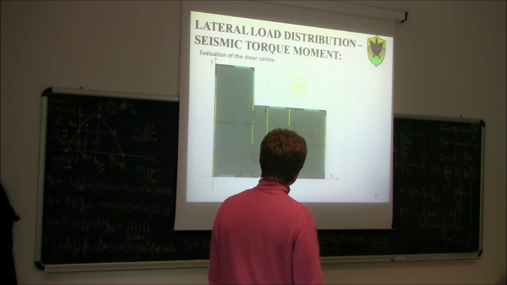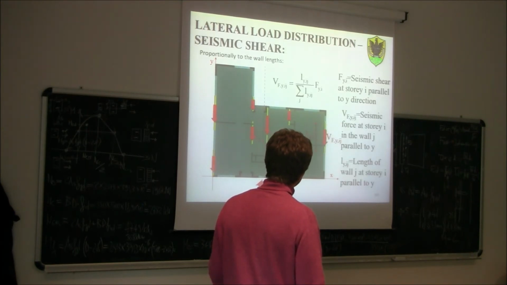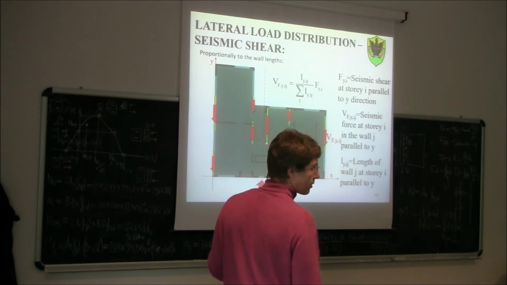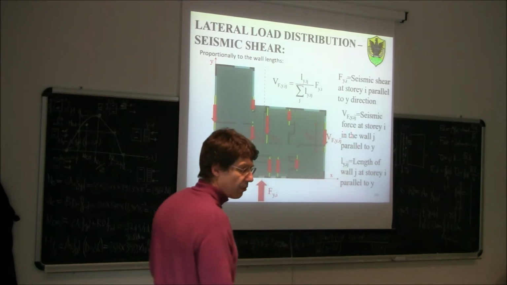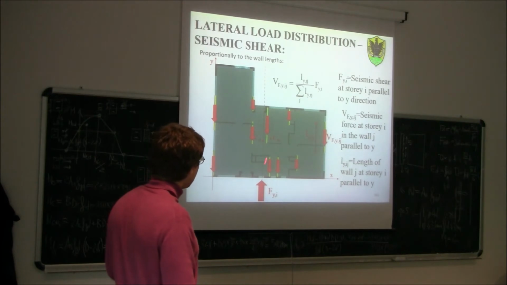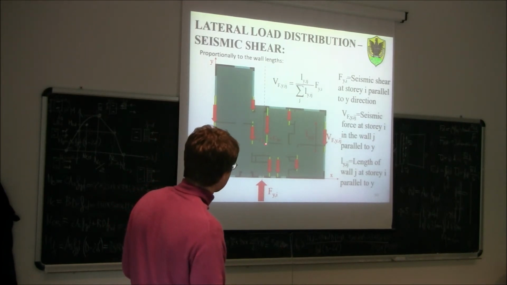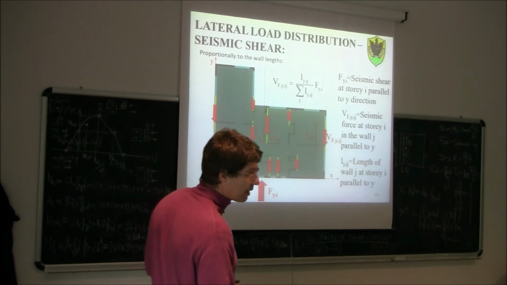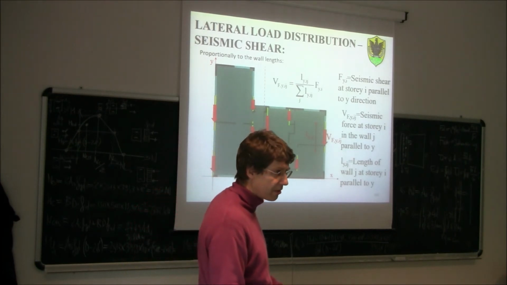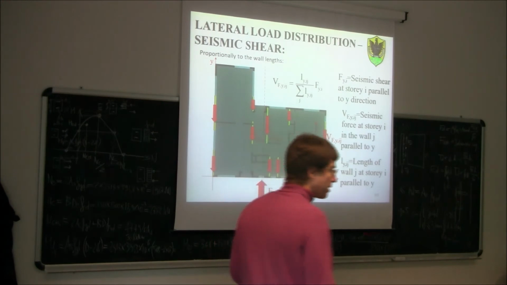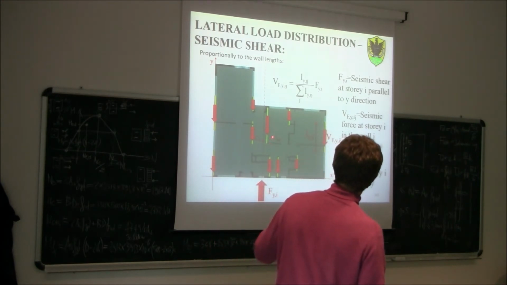But then, of course, what we said before, this is true if the seismic force is applied in the center of stiffness of my wall. However, usually, the seismic force is not applied in the center of stiffness, but is applied in the body center, the center of the masses. So in the centroid of all the masses. In this case, for example, it will be more or less in the center of this rectangle.